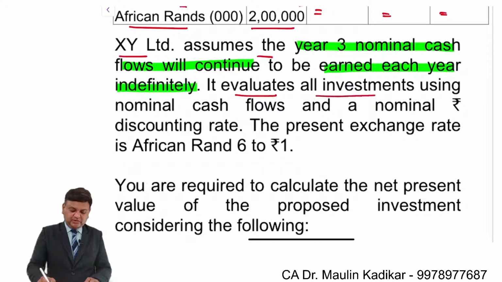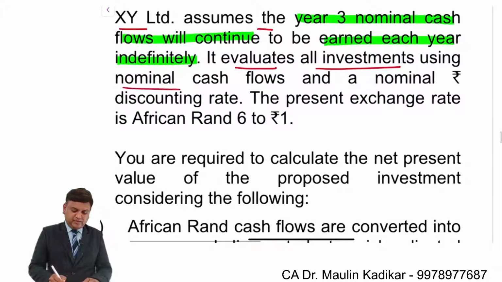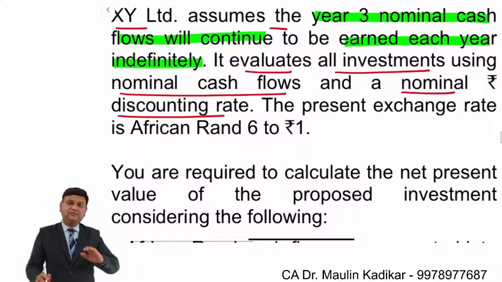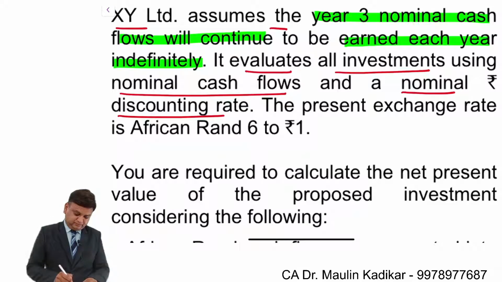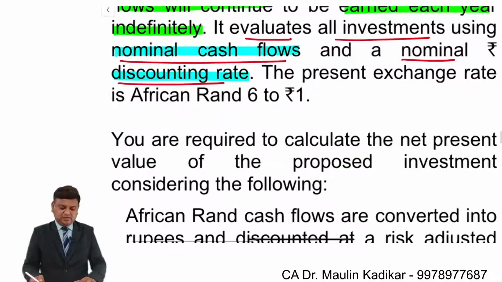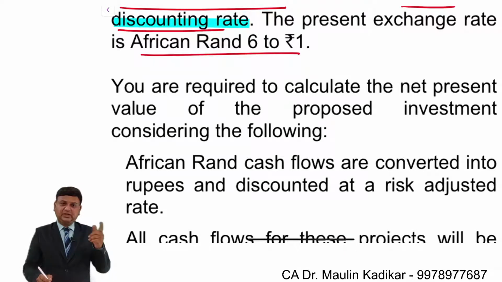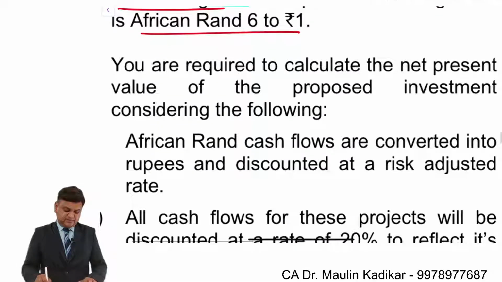It evaluates all investments using nominal cash flows and the nominal rupee discounting rate. So the language of the question is clearly providing that it evaluates all the projects in the nominal term, and they use the nominal discounting rate. The present exchange rate is 6 South African currency for every 1 rupee of the domestic currency.